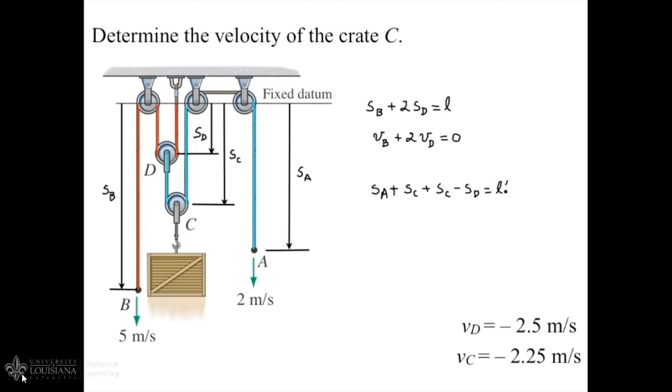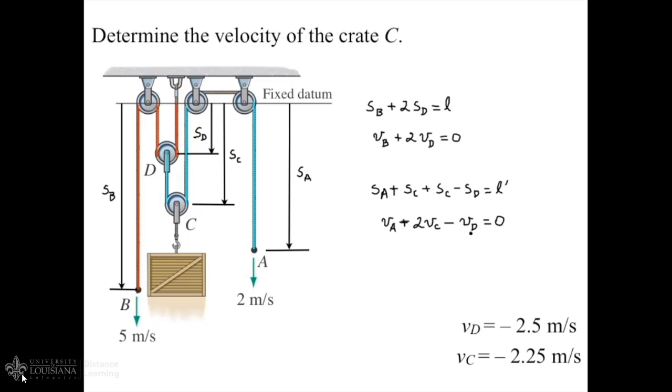It's constant. Taking the time derivative, of course, you'll see that you get V sub A plus 2 times V sub C, and finally we have minus V sub D, and it all equals 0.